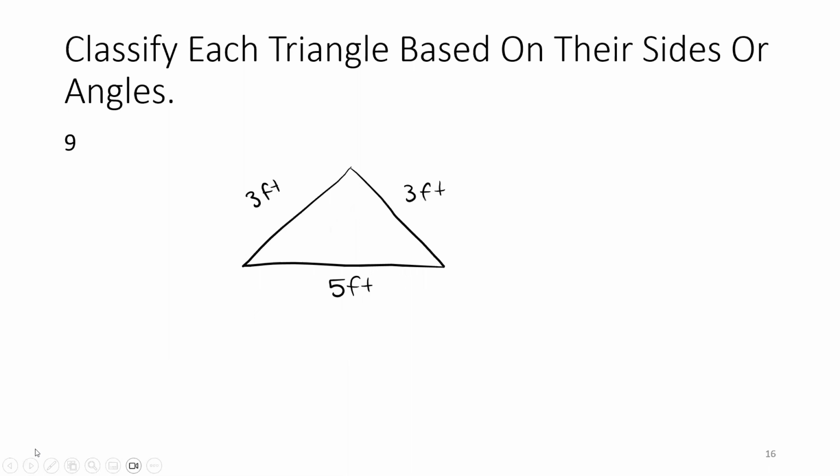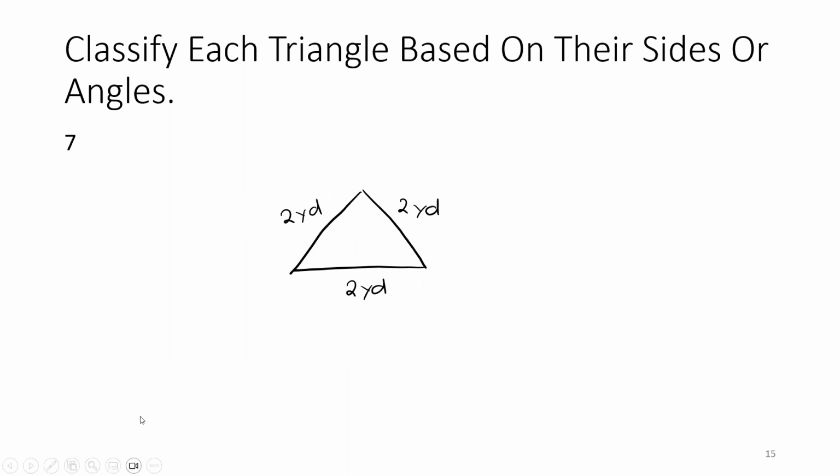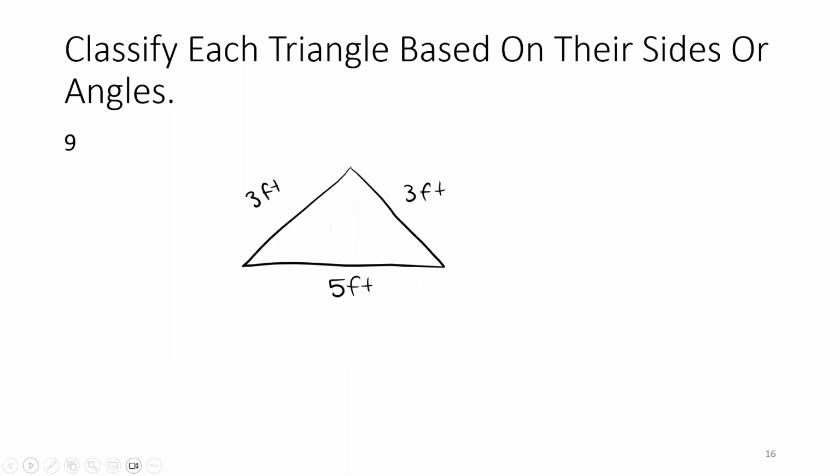This triangle we have, sorry, wrong one. 7, where's 8? Okay, so I don't see 8. So let's do this one. We have a triangle with side lengths of 3 feet, 3 feet, and 5 feet. So what triangle could this be? Notice that two sides are the same.